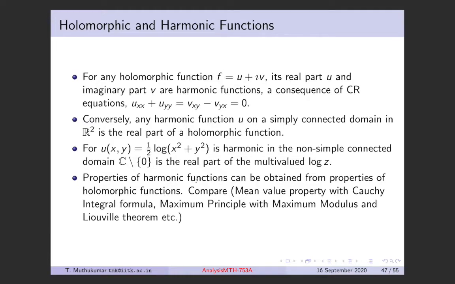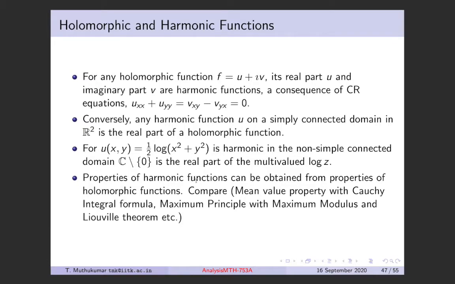Like you have this maximum principle for harmonic functions. You have the maximum modulus theorem and Liouville's theorem for holomorphic functions. All these are similar results, of the same nature. They precisely say the same property about these functions.